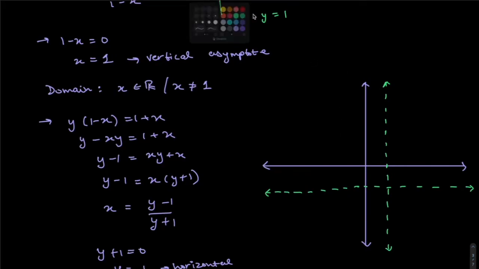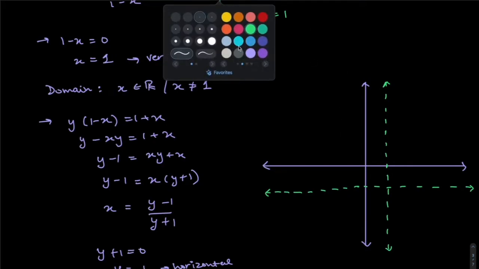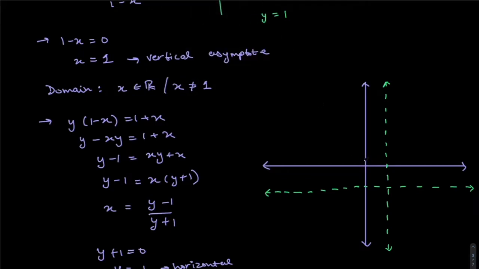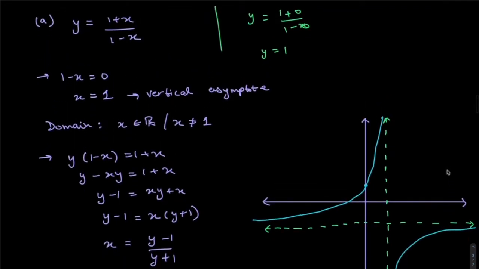I'll take blue. So I'll take 0 comma 1, so it's somewhere right here. It's going to go this way, like this. And then like this, right? That's going to be the general form of y is equal to 1 plus x over 1 minus x.